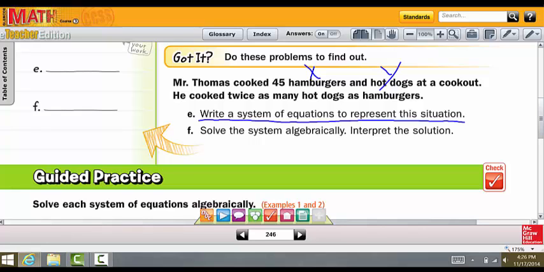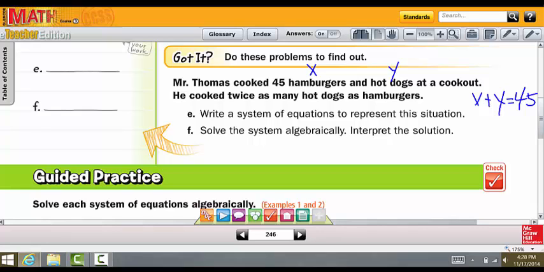Our first equation is Mr. Thomas cooked 45 hamburgers and hot dogs at a cookout. So in other words, we have x plus y equals 45. Hamburgers and hot dogs together is 45.